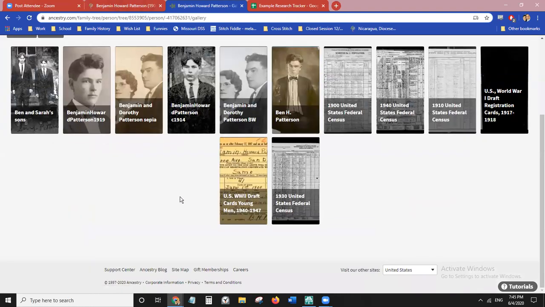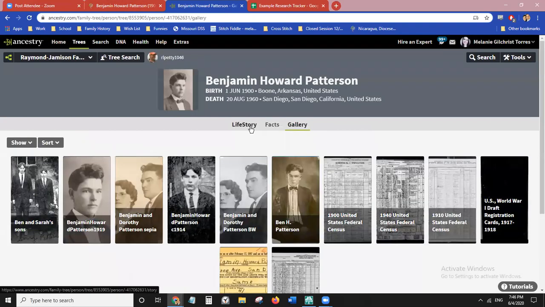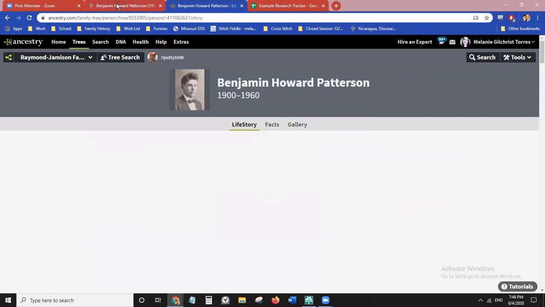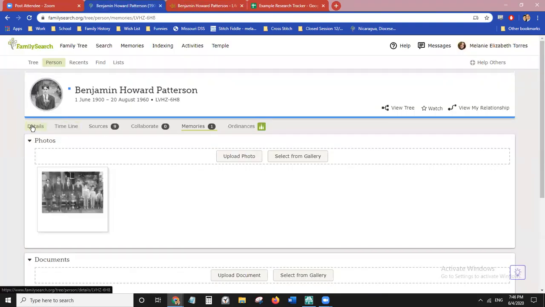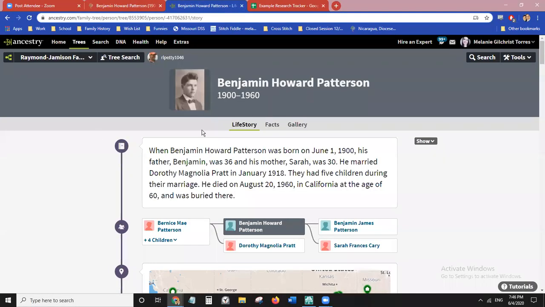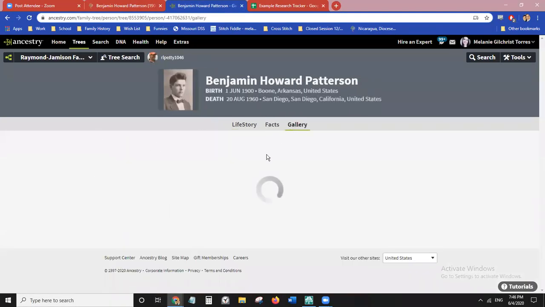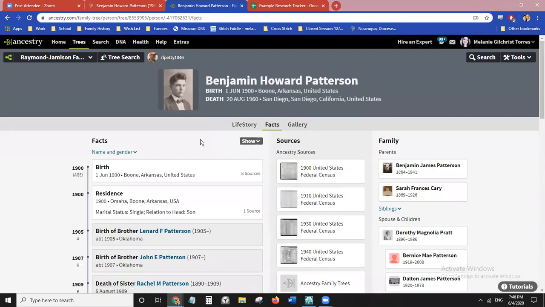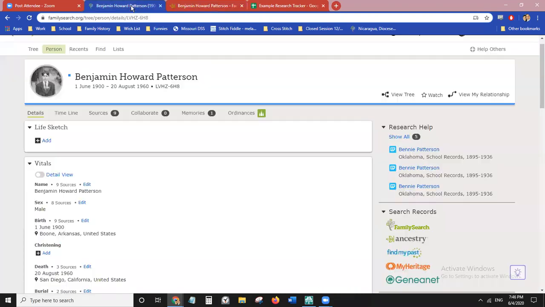So see what other research other people have done on other websites and use it to boost your person up here on FamilySearch. You don't want to automatically assume that all the research they've done is perfect. A lot of times on family trees in Ancestry, they'll suggest this little leaf function right here, which is hints. And a lot of the hints that they give are other people's family trees.